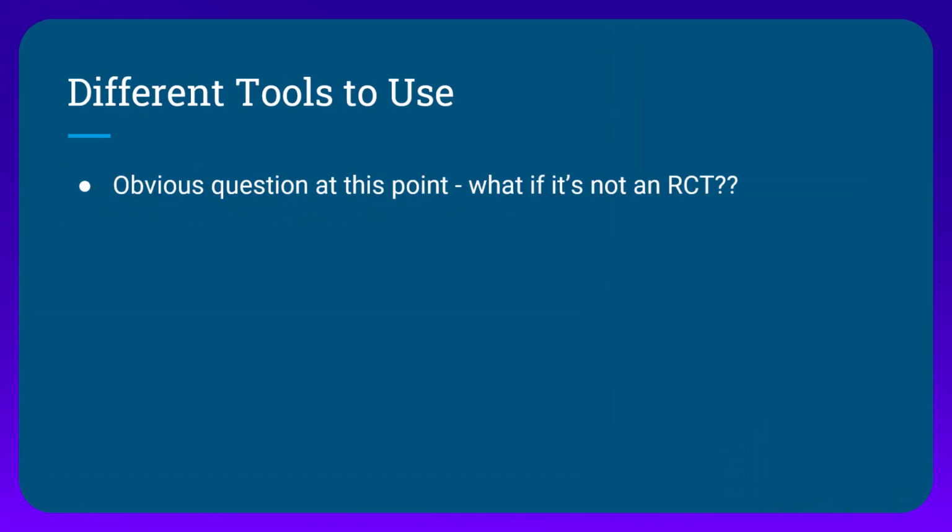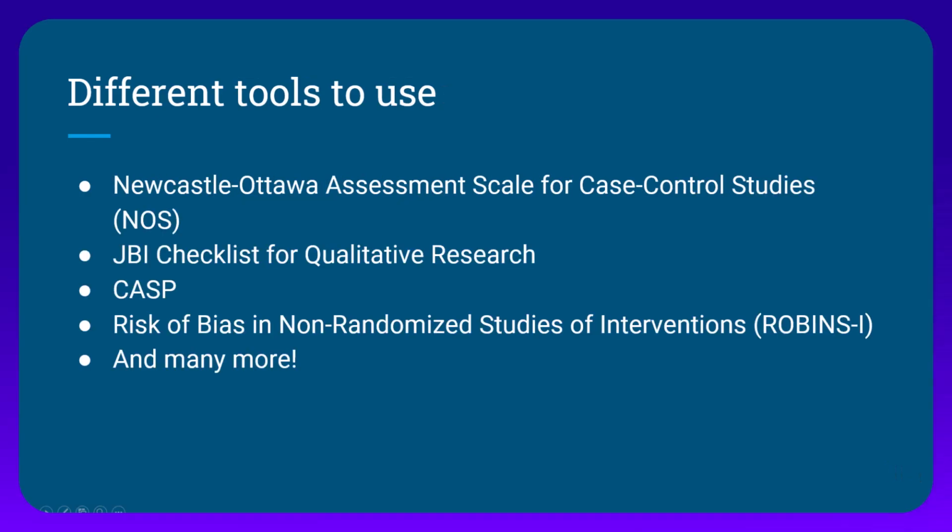So the obvious question at this point: what if I want to determine risk of bias for something other than a randomized controlled trial? There are different tools for different article types, and some of them are listed here, including the Newcastle-Ottawa scale and the JBI checklist for qualitative research, among others.